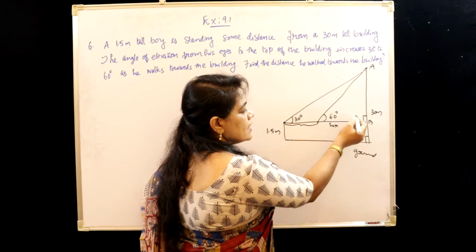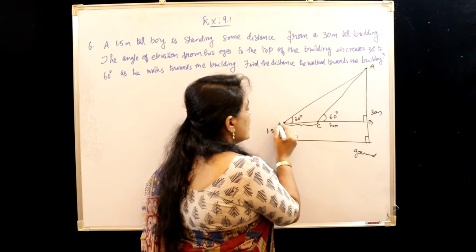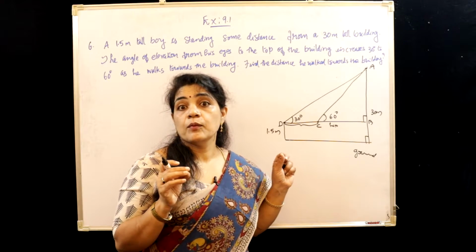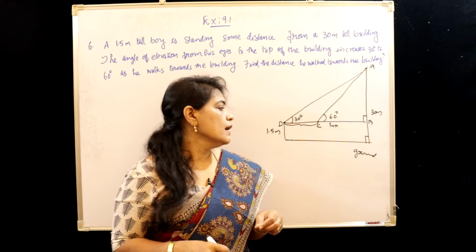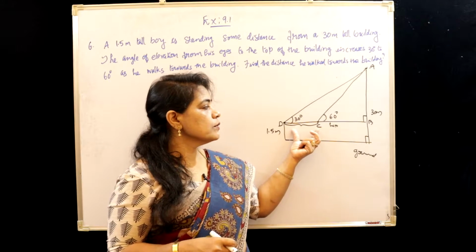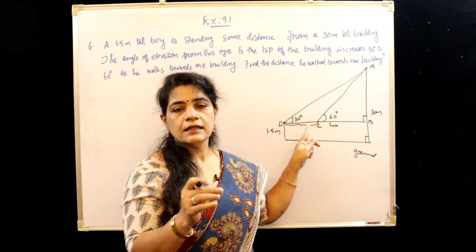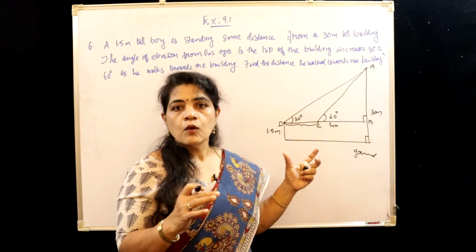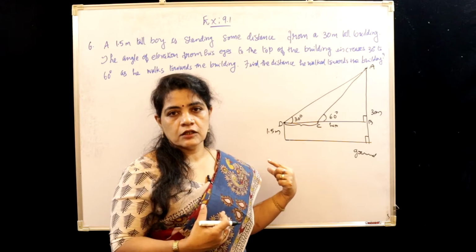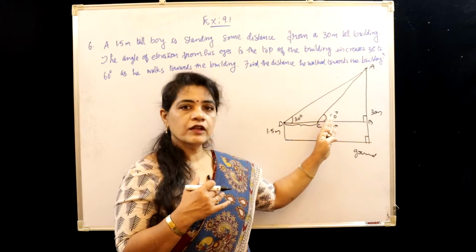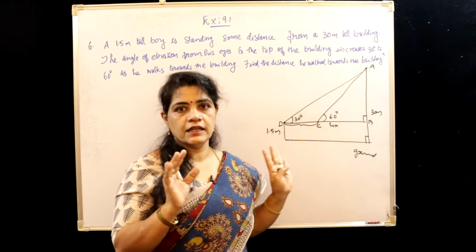This is A, B, and this point is C, and initially that boy is standing at the point D. We have to find out from the figure from this point to this point, that is DC. DC is the distance walked by that observer towards the building as the angle of elevation increases from 30 degrees to 60 degrees.